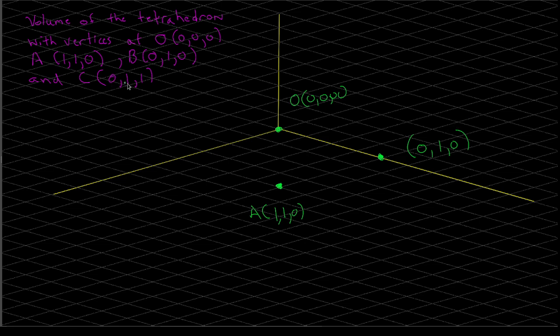And then C is 0, 1, and then up 1. So let's see, 1, 2, 3, 4, up here.